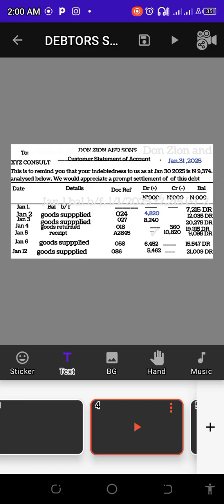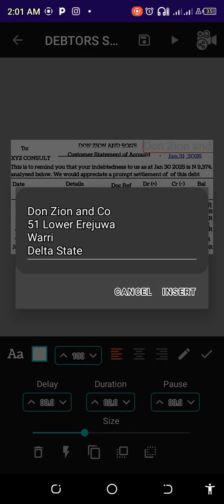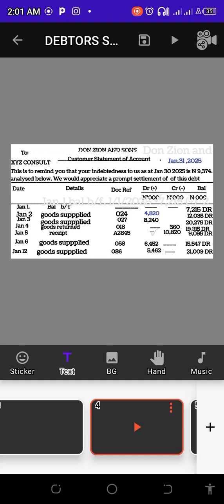We just make it short here because of space. It must be written in full, and it should be in form of this. Don Zion and Co. 51 Lower Irregular Warri, Delta States. And practically, we must write it in full like this. Okay? Also, the address of the debtor or the credit customer must also be in full, and so must be in form like this.